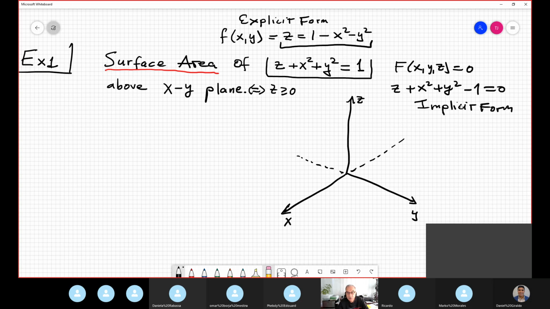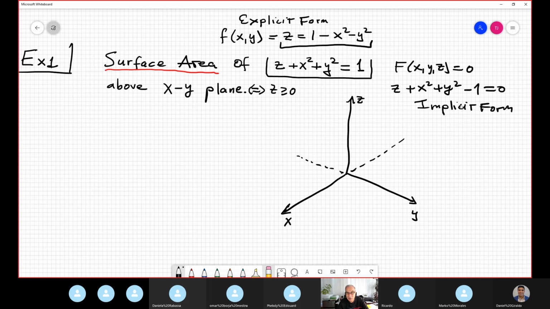Look. So you are doing the trace of this surface. You have parabolas that open down because it's negative. So our parabola looks like that. We have the intersection here, which is the point 0,0,1, where x is 0, y is 0, z is 1. It opens down, like that.